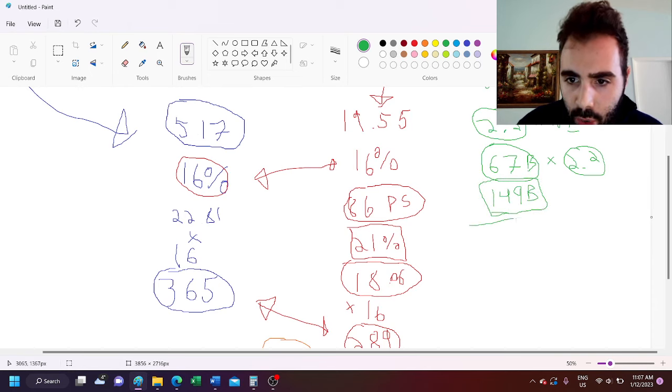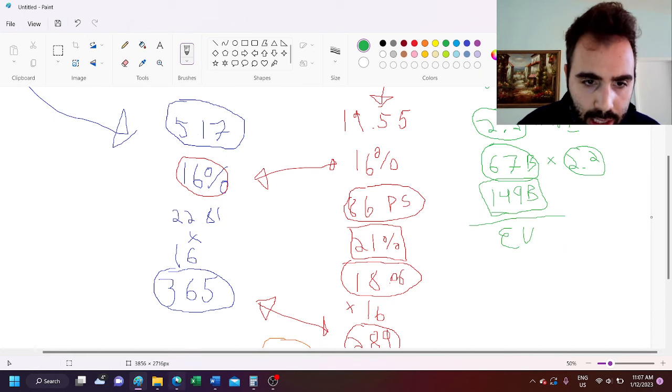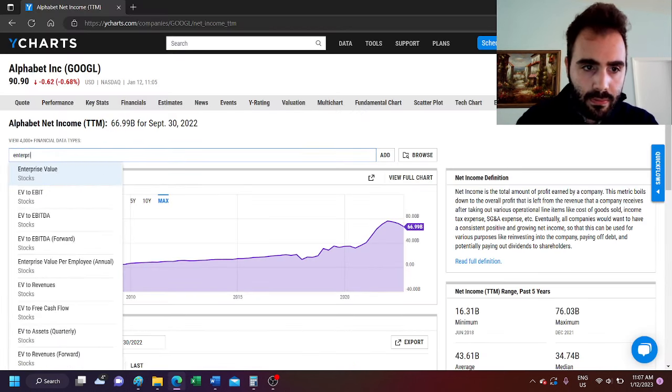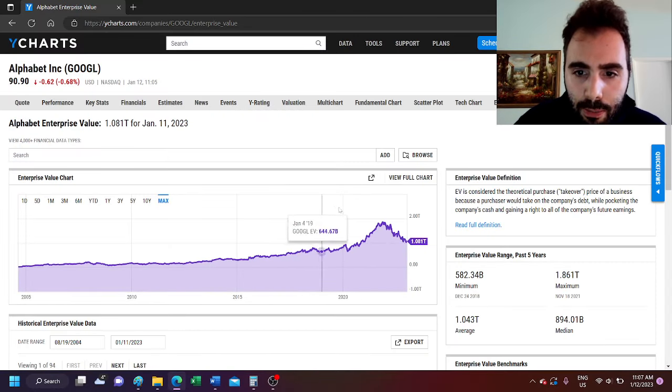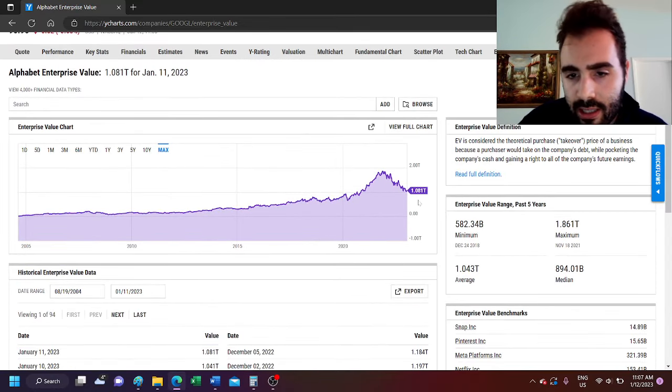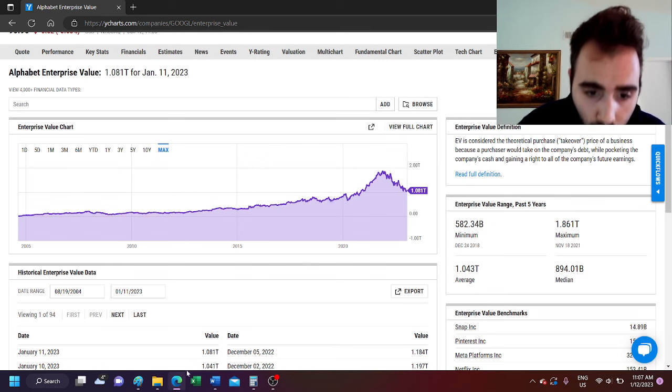We take this number and divide it by Google's enterprise value, which we can look up. Google's enterprise value is, let's say, 1,081 billion.